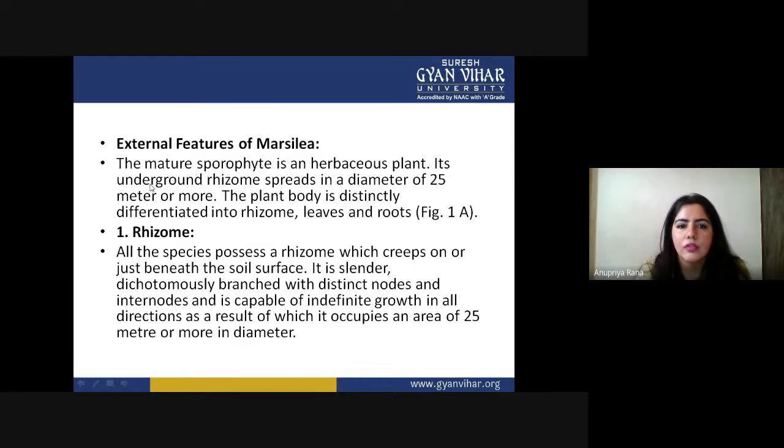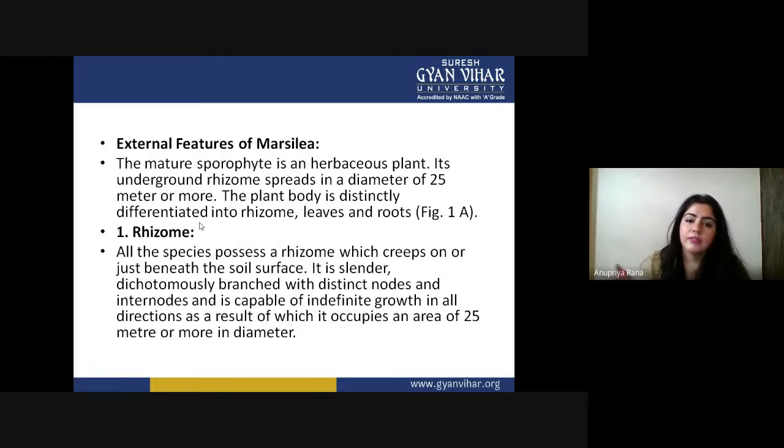External features of Marsilea. The mature sporophyte is a herbaceous plant, and its underground rhizome spreads over a diameter of 25 meters or more. You can see how much diameter they can possess by their rhizome. The plant body is distinctly differentiated into rhizome, leaves, and roots.